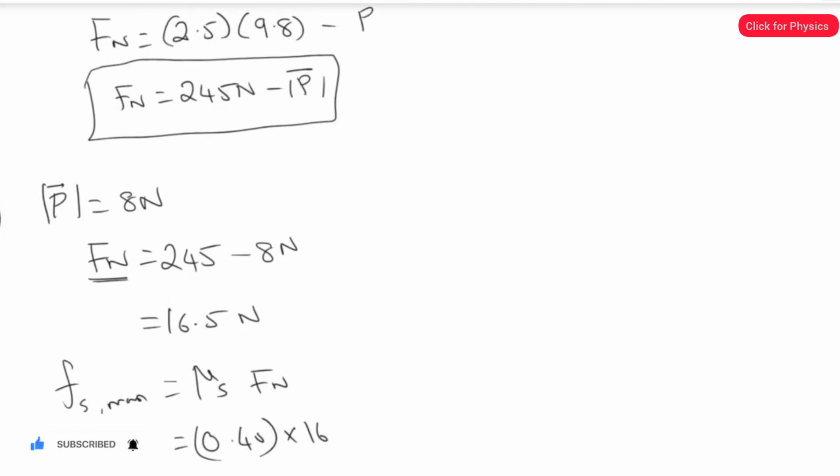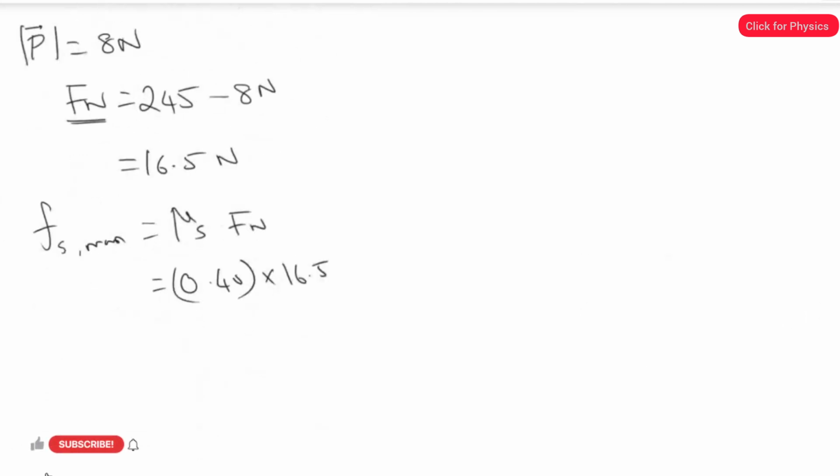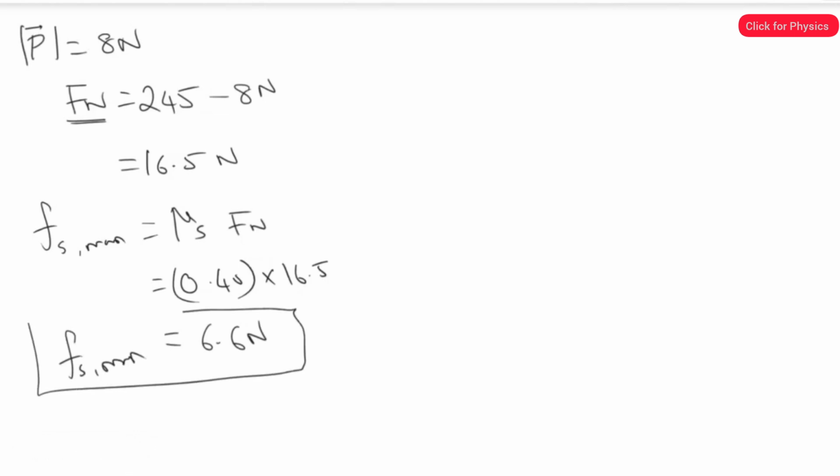So I have to multiply 0.4 with 16.5, and I got the answer as 6.6 Newton. That means the maximum static frictional value is 6.6 Newton.